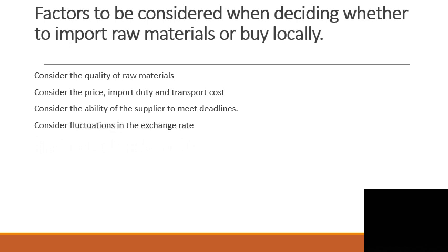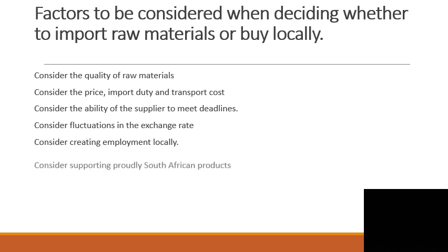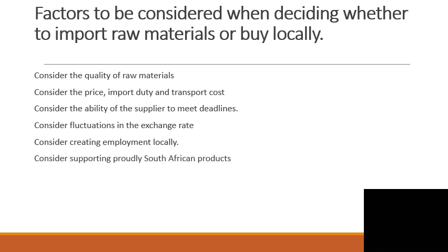Consider fluctuations in the exchange rate. This is more of economics, but we need to cover the part as well. Those who are doing economics can show that they understand this topic very well. Consider creating employment locally. Consider supporting Proudly South African products.